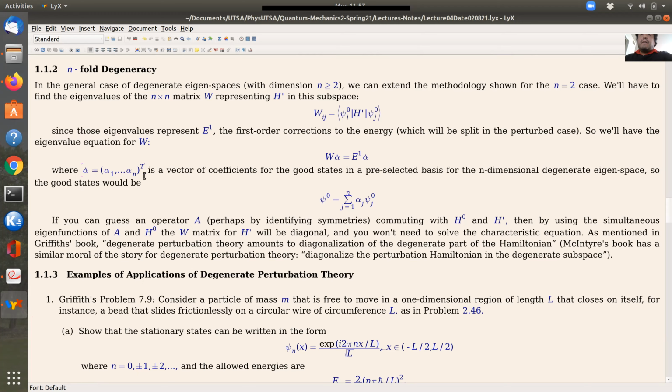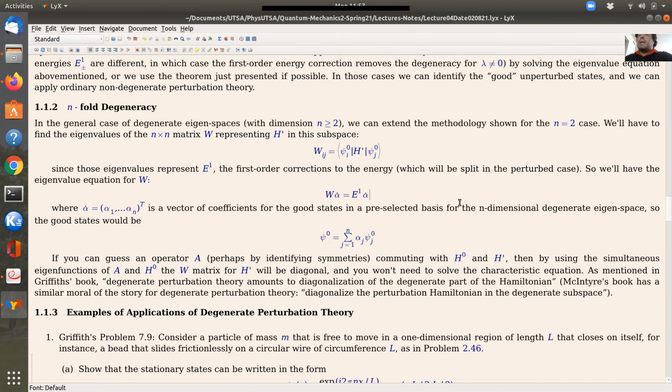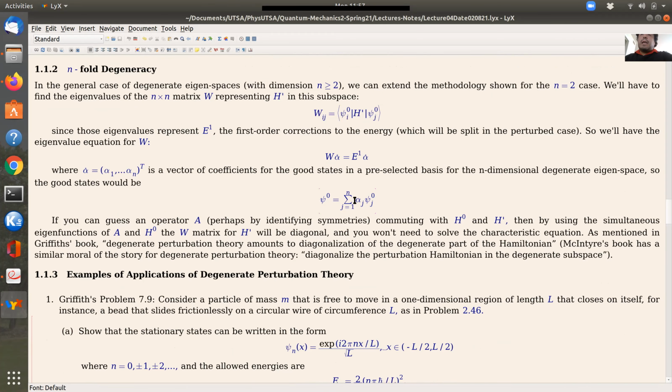And again, alpha is a vector of coefficients for the good states in the preselected basis that we have chosen for the degenerate subspace or eigenspace of dimension n.